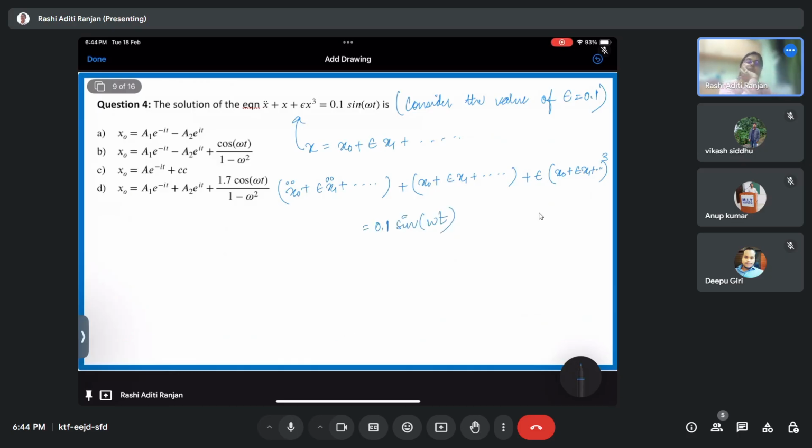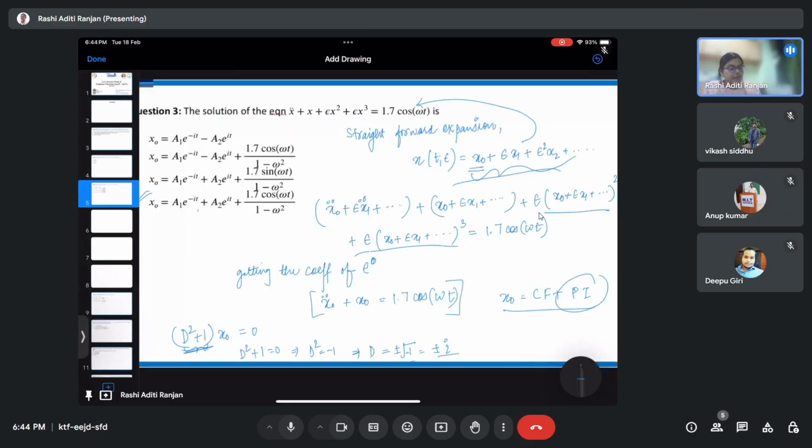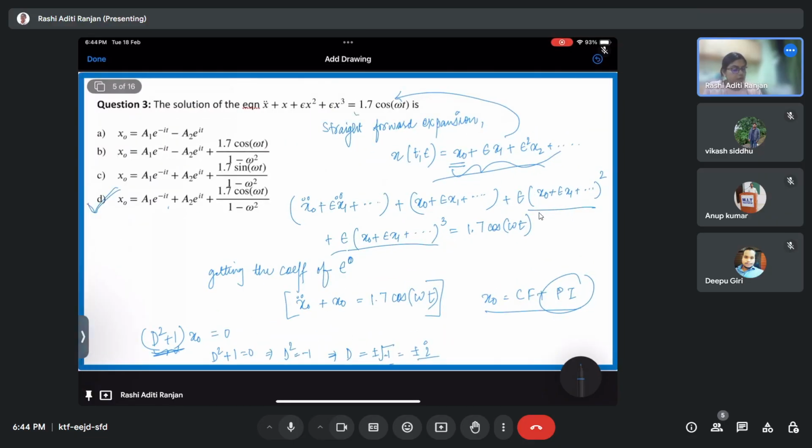Now see, there are two things. First, I will just attempt the question as the previous one, right? Wherein we just ignored the nonlinearity term and used just the forcing term, right? However, if you notice for the previous question, the amplitude of the forcing function is 1.7.